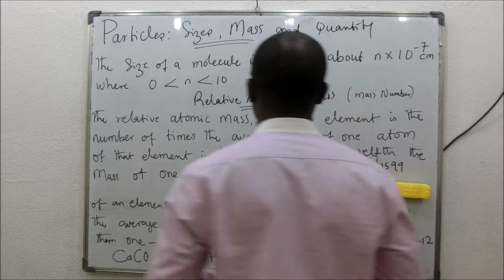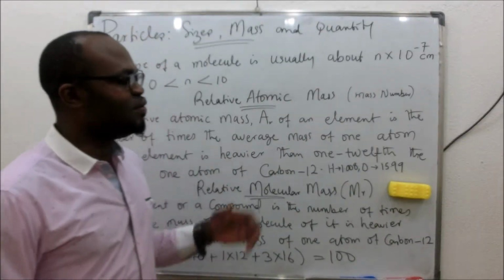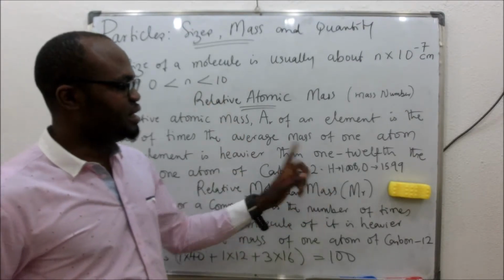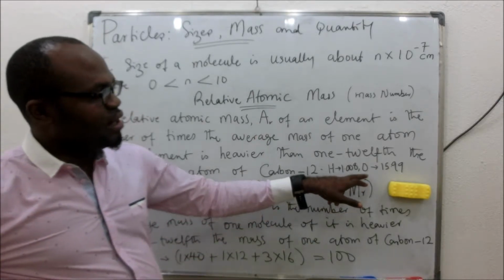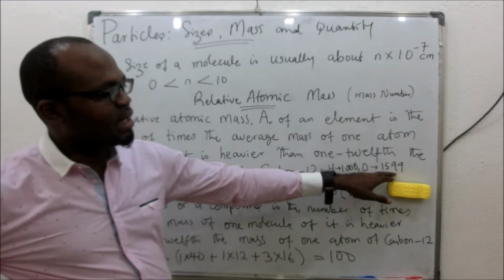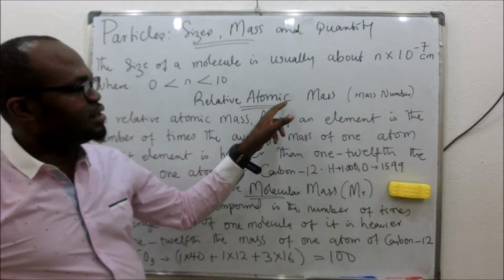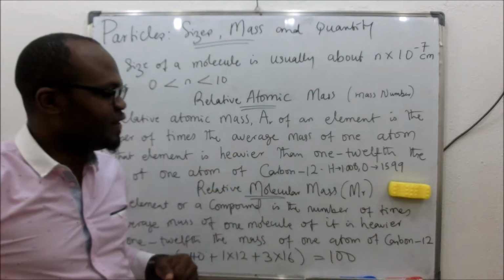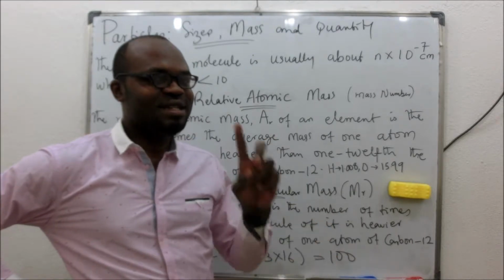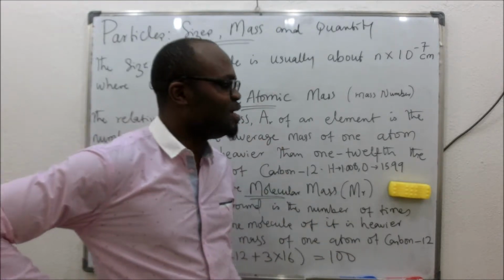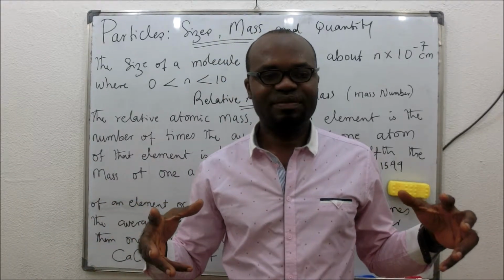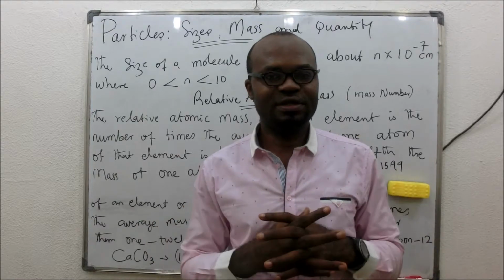Now, what do we understand in this relative atomic mass? The atomic number of hydrogen is 1. The atomic number of oxygen is 8, so 8 times 2 gives us the mass number, or the relative atomic mass. Mostly, the relative atomic masses of the elements are about 2 times their atomic number, because the atomic mass consists of both the neutrons and protons inside the nucleus.